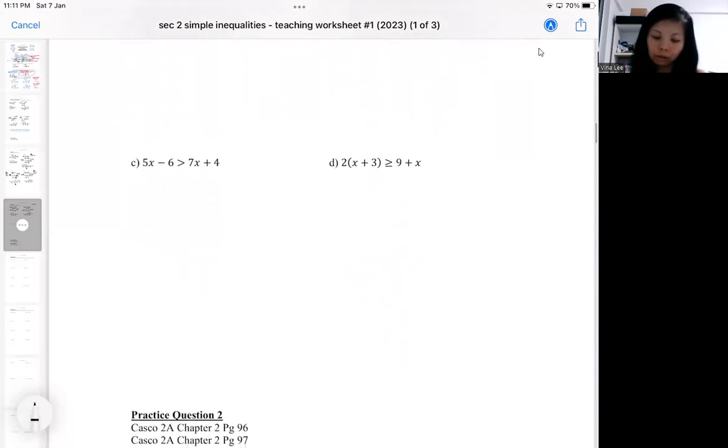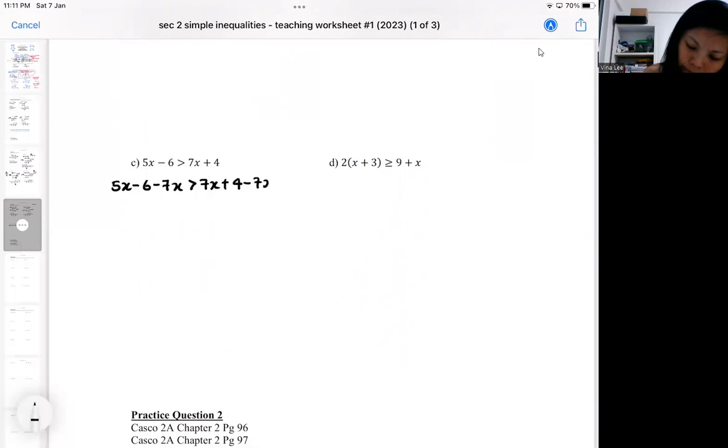Here, the next one, number 5, there's algebra on both sides. So what you can do is subtract 7x on both sides.